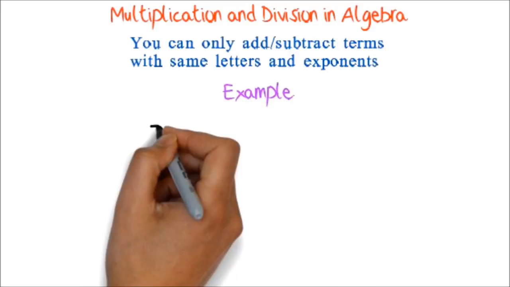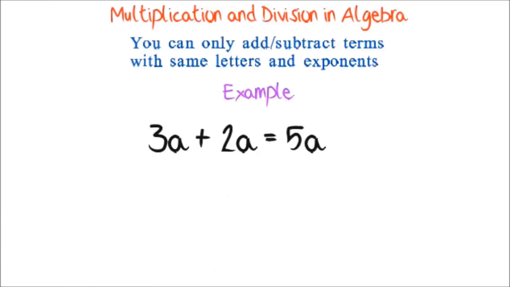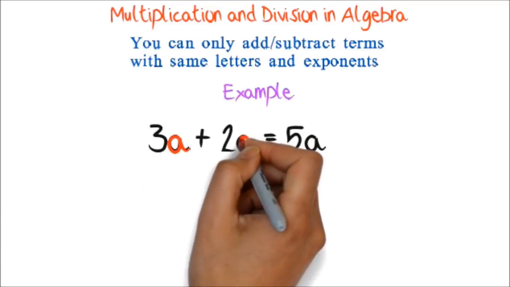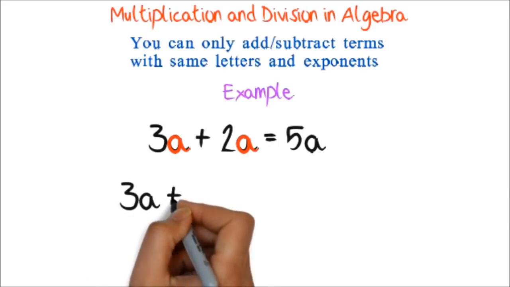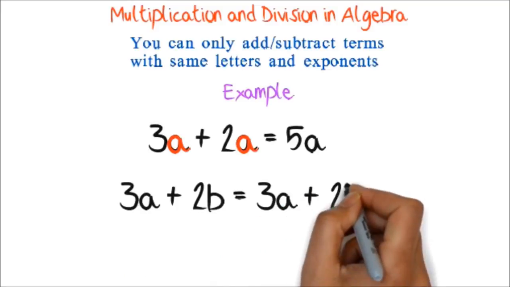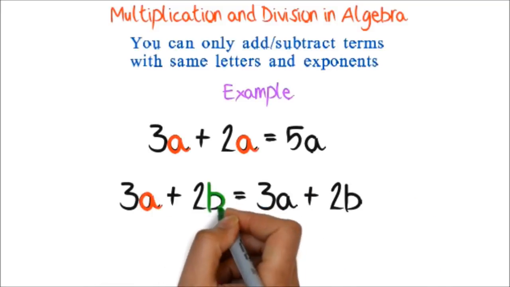Example, we can add 3A and 2A because both have the same letters after the number. We also said we cannot add 3A and 2B because the letters are different. For multiplication and division, it doesn't matter the letters. You can always work on them.